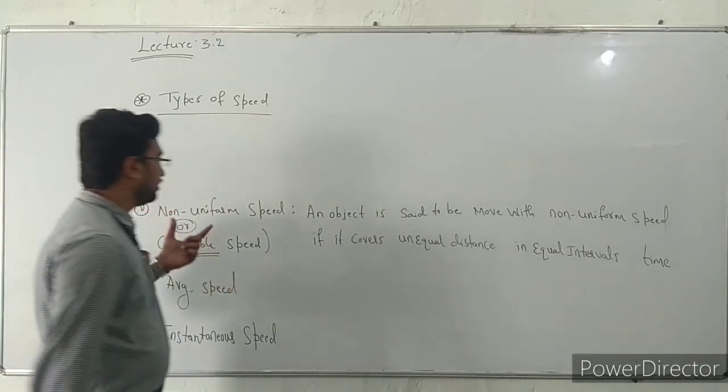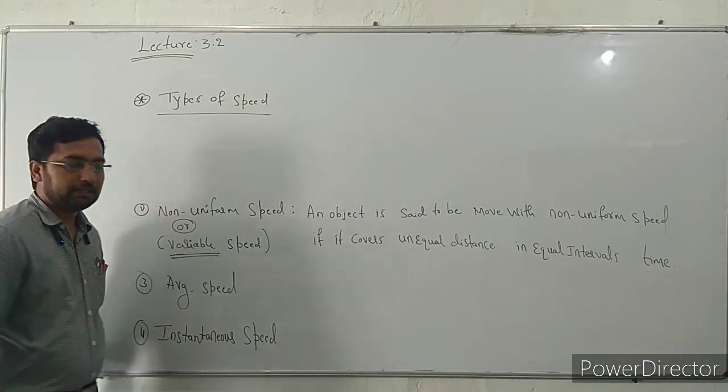So that is known as non-uniform speed or variable speed.